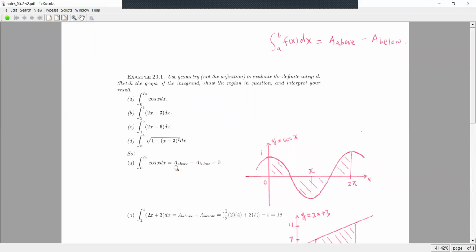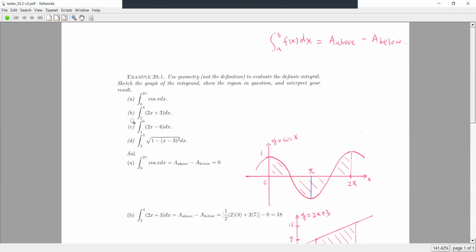It is the total area above the x-axis minus the total area below the x-axis. The total area above the x-axis is this area plus this area. This area plus this area clearly is equal to the area below the x-axis. So area above minus area below is 0. Therefore, this integral is 0.